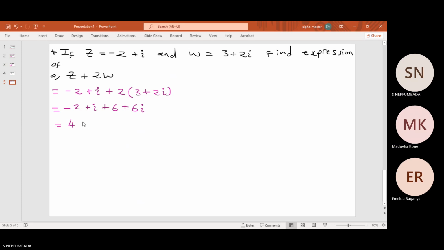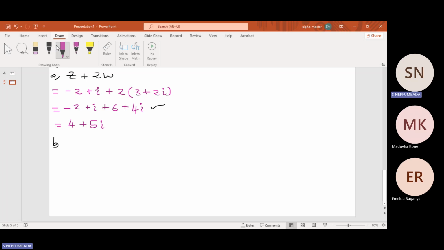Oh, we did a mistake. Here it is going to be 4. Then the imaginary part is i plus 6i, which makes it 7i. We're good now, right?